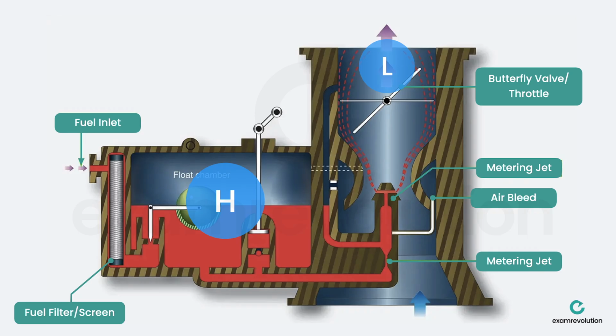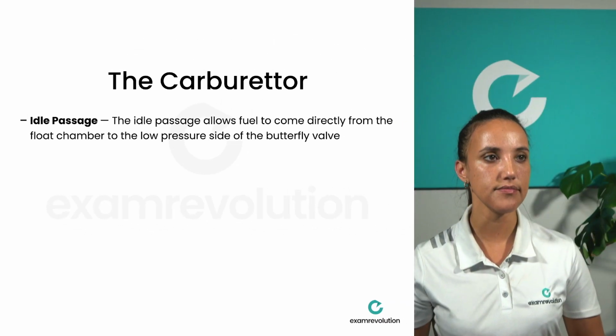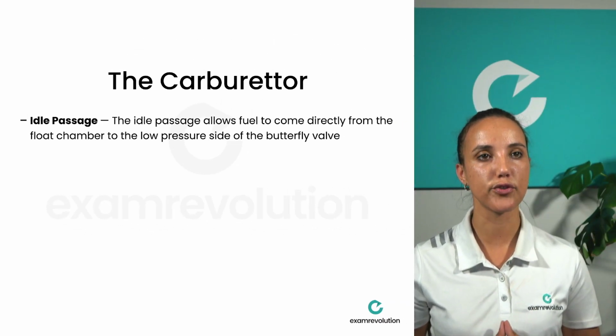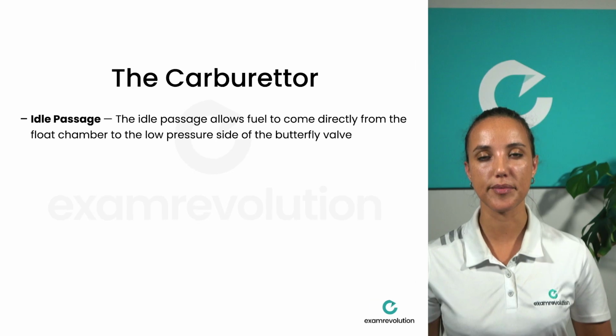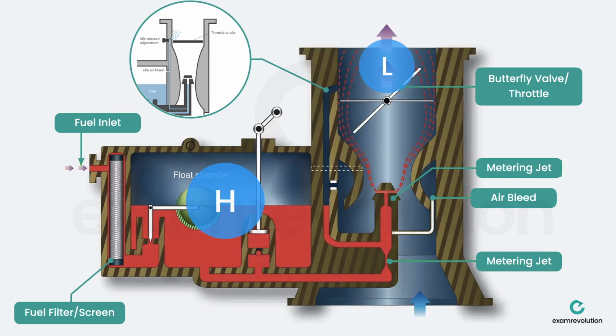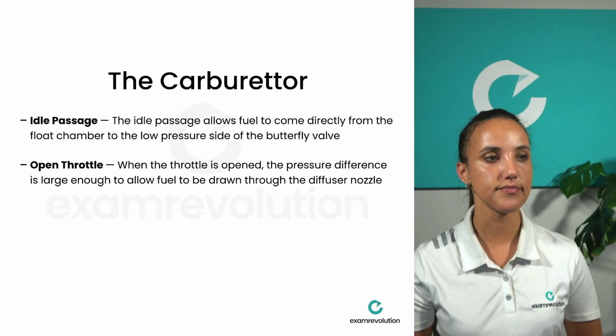This will then cause the fuel to flow through a different route, bypassing the throttle valve, to help idle the engine. The idle passage allows fuel to come directly from the float chamber to the low pressure side of the butterfly valve. If you have a look at that image again, you can see that the idle passage bypasses the butterfly valve and allows the engine to have a supply of fuel to run during idle.